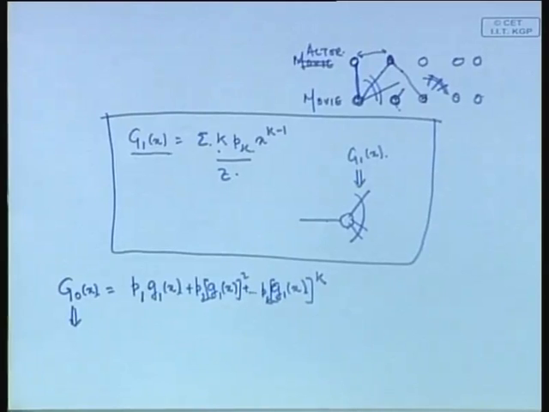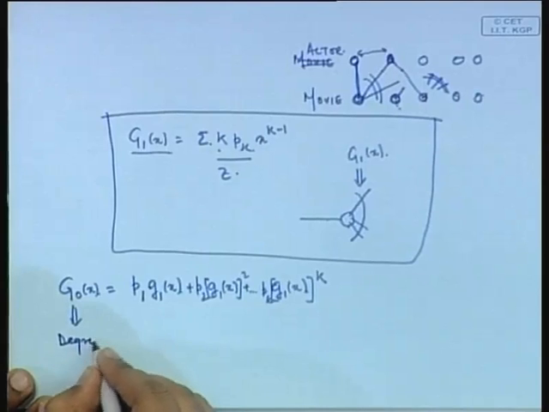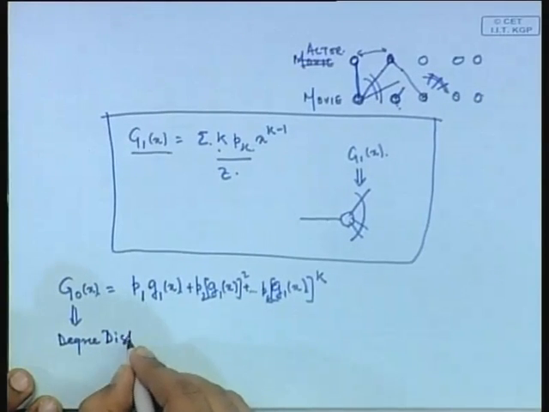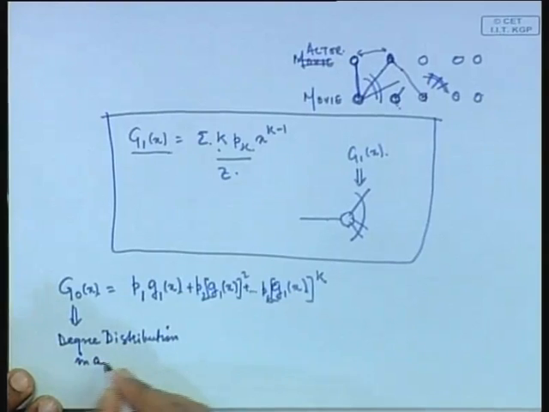What is G0? Why am I writing 0? Because it is like F0 of G1x. This is the degree distribution of the unipartite projection. What I am writing as G0x is the degree distribution, think this way, in a coactors network.